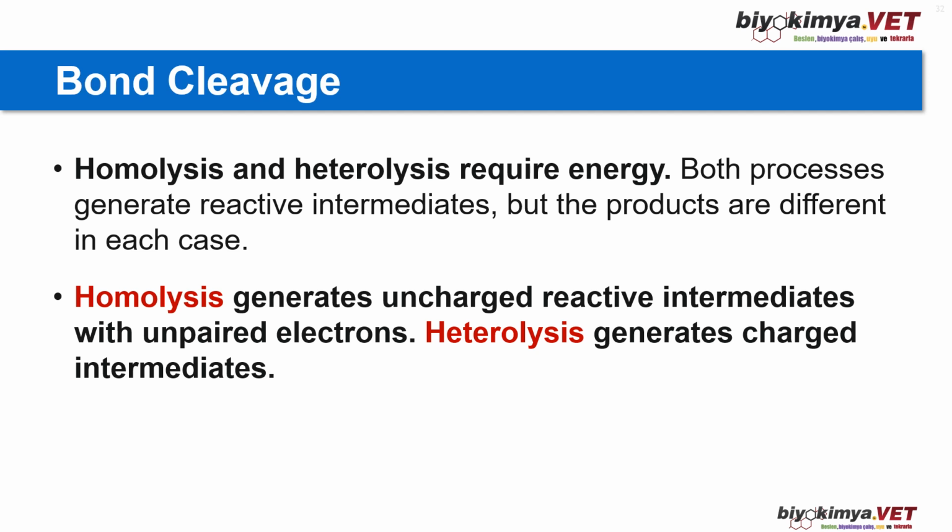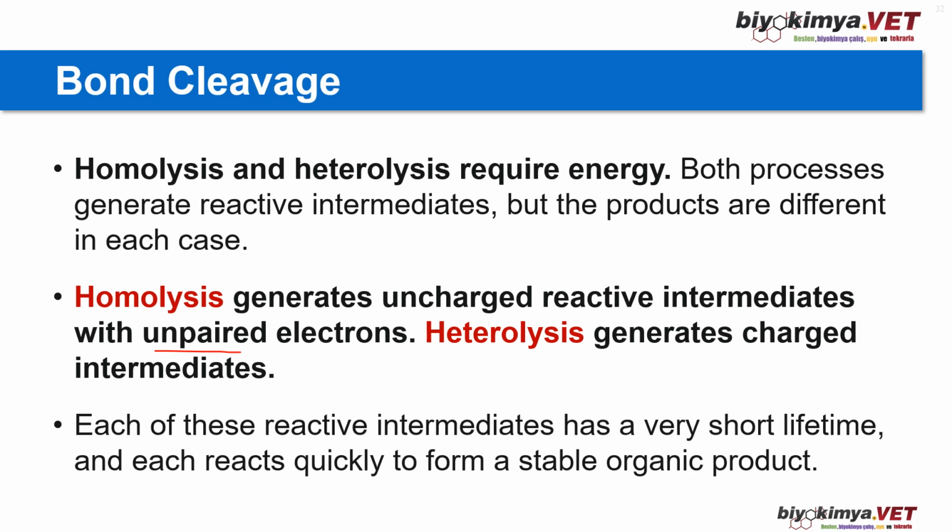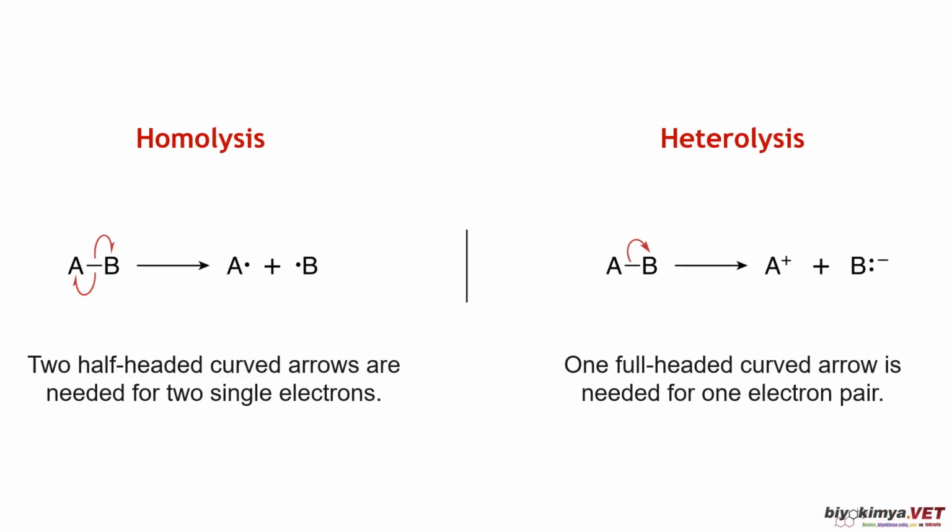Homolysis generates uncharged reactive intermediates with unpaired electrons. Heterolysis generates charged intermediates. Each of these reactive intermediates has a very short lifetime. This means each reacts quickly to form a stable organic product. So they are unstable and have a very short lifetime.